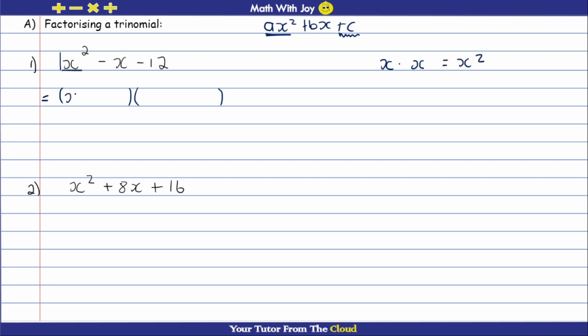So those are the factors of x squared. We put them there. Then you look at the c value, and you look for the factors of 12, and then you look here, they could subtract each other to give you this number here, -1. So the factors of 12 that can subtract each other to give you 1 will be 4 and 3.